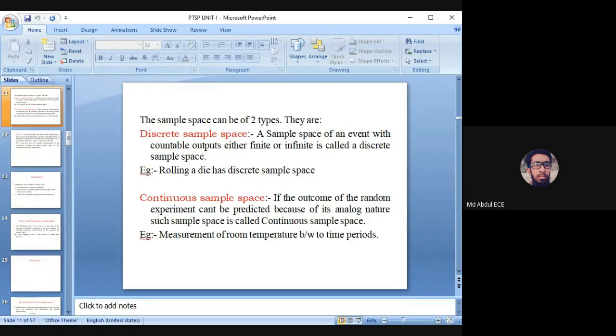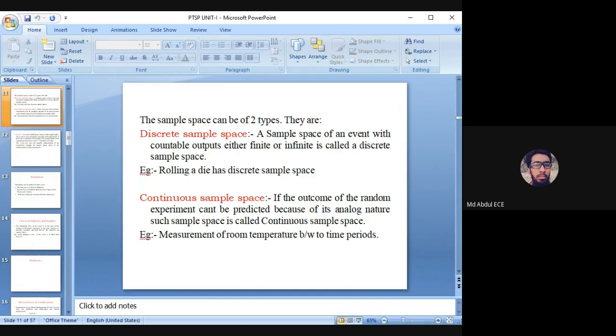Next, the sample space can be of two types: discrete sample space and continuous sample space. The sample space of an experiment with countable outputs, either finite or infinite, is called a discrete sample space. That means either finite or infinite, but if I can count the outputs, then I call it a discrete sample space.